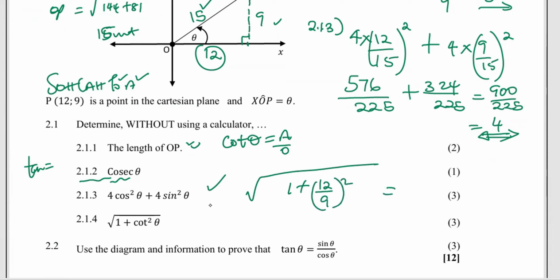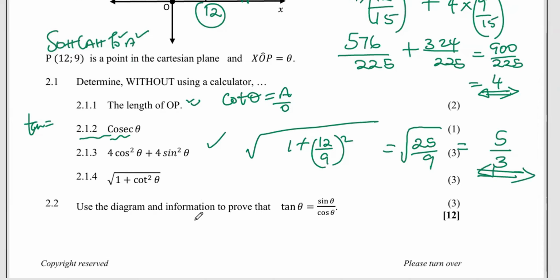Please put that in the calculator and we see. So 1 plus 144 over 81 gives me 25 over 9. But then we're finding the square root. Square root of 25 is 5, square root of 9 is 3. So that becomes our final answer.